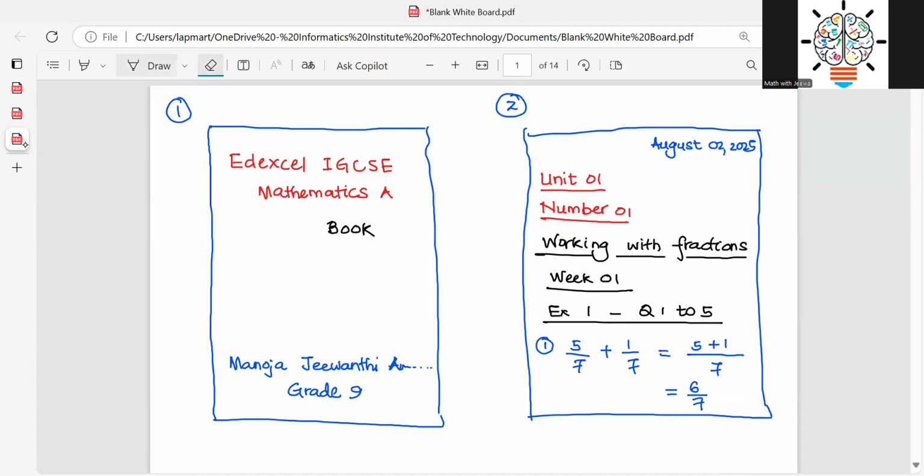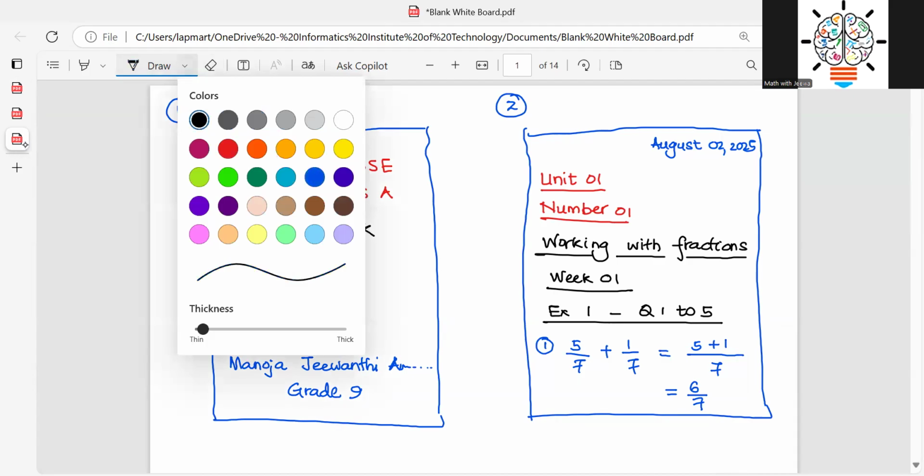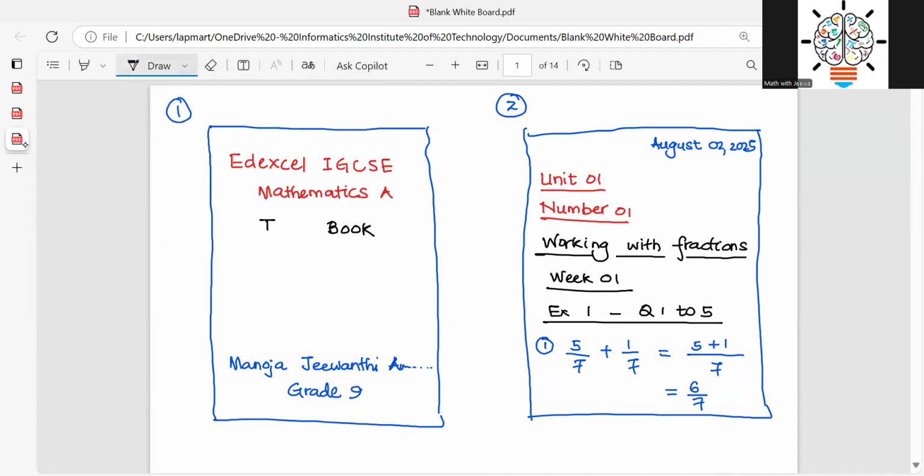Now, if you have watched the first video, you know what kind of job you want to do with the theory book. This is your first page. When you turn the page, you can see Edexcel IGCSE Mathematics A theory book, your name and your grade.